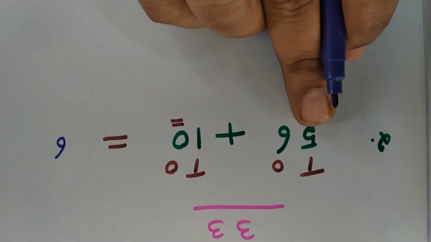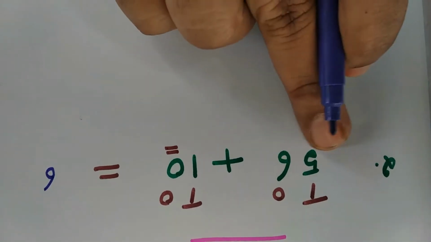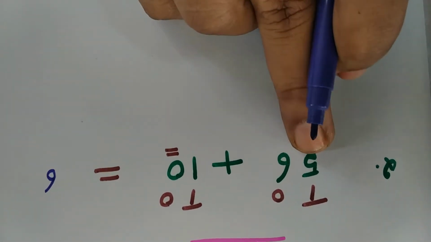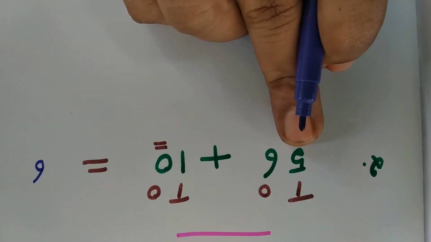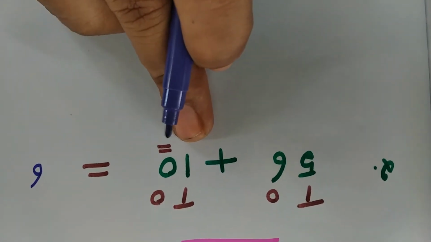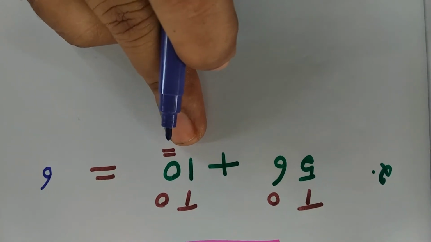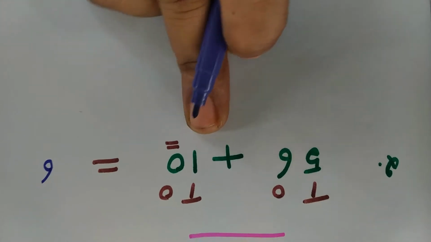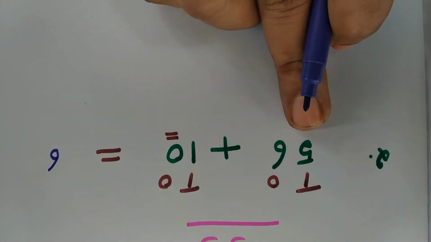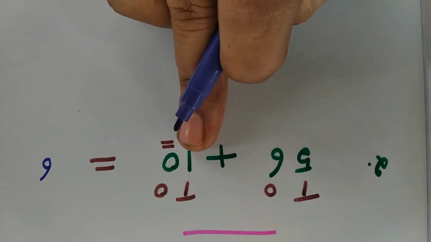Okay, next, tens place you want to add. In the number 56, how many tens we have? Yes, very good, 5 tens. And in this number 10, how many tens we have children? 1 tens we have, yes. Now what you have to do, you want to add these two numbers which are in tens place.